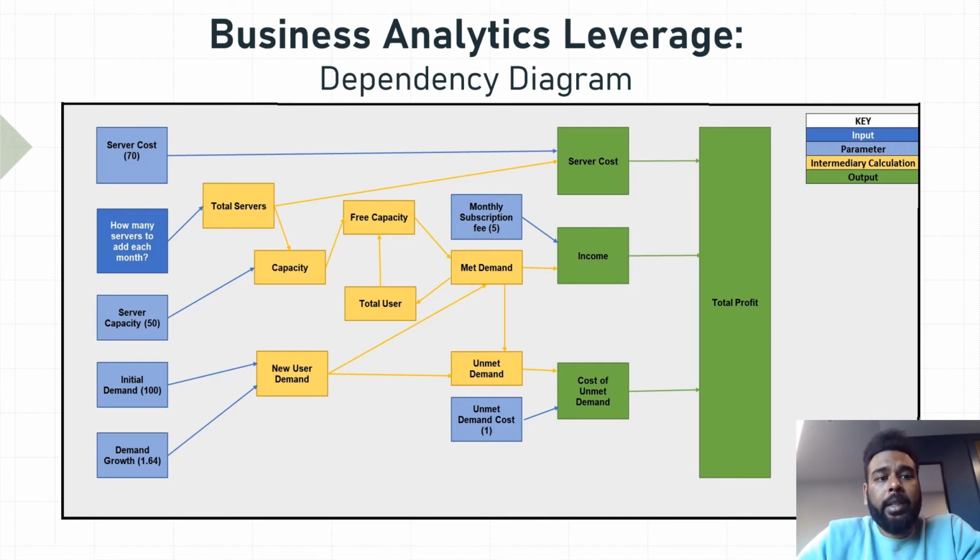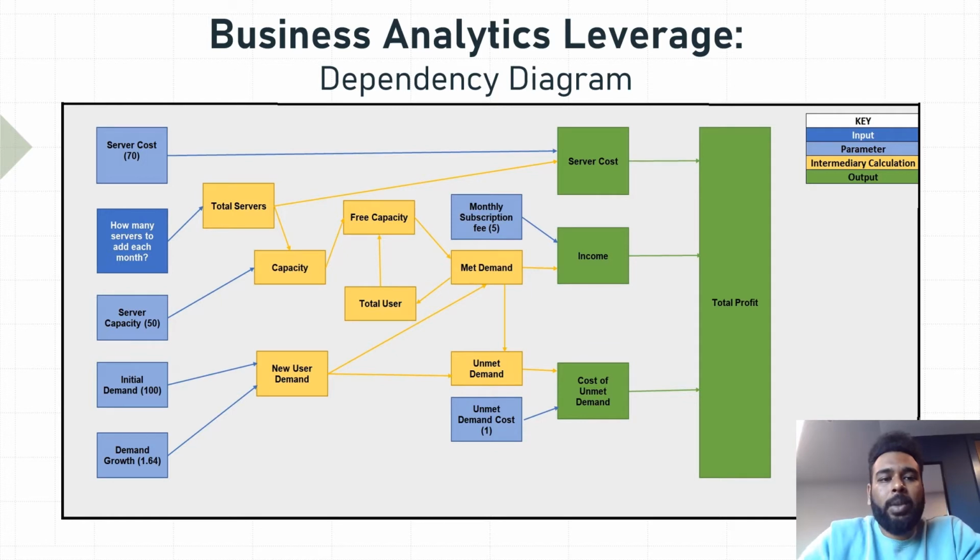After identifying the area of business analytics, we have further created an Excel analytics model to help understand the fundamental question: how many servers do we need when going into the mobile application business model? Well, Natalia, we have created a dependency diagram to help you understand the theme of our Excel analytics model.